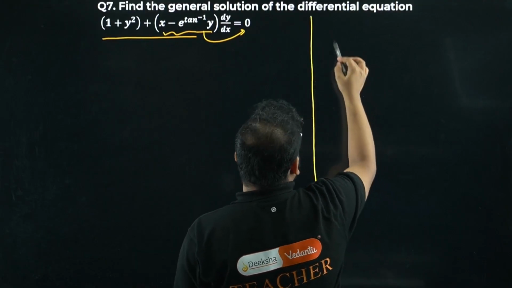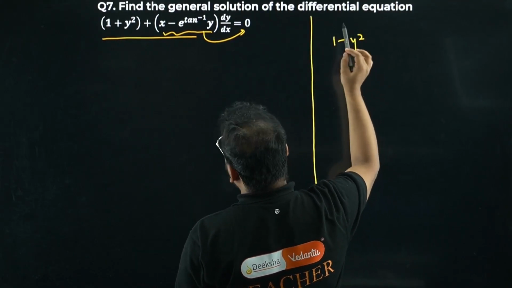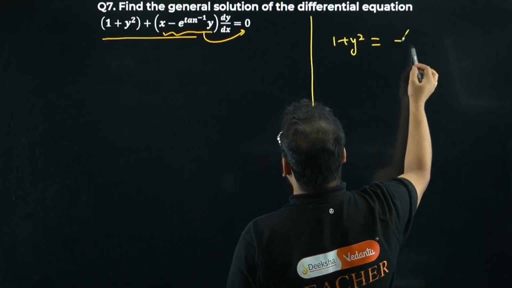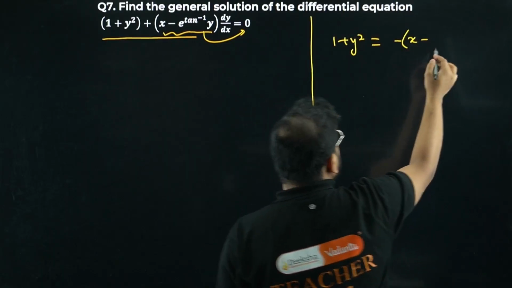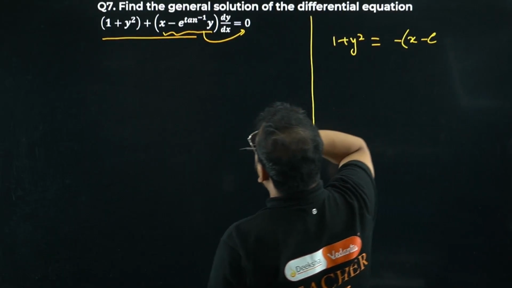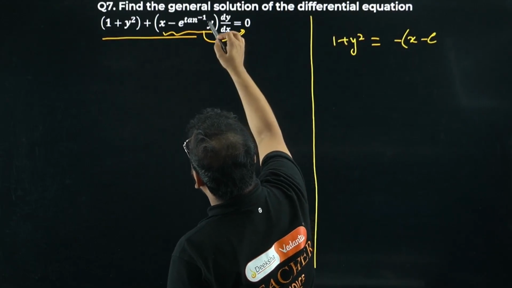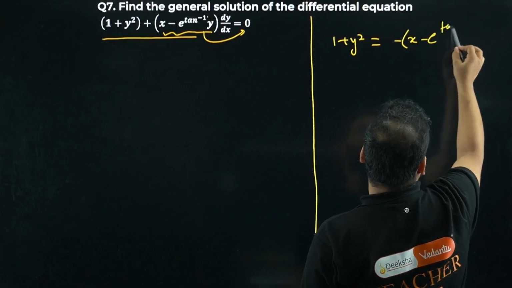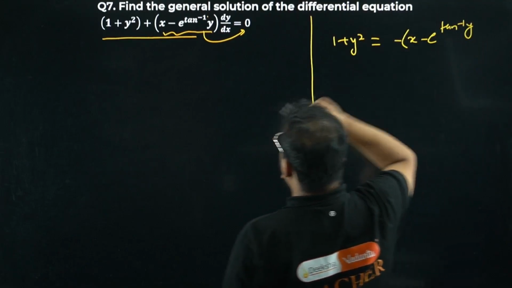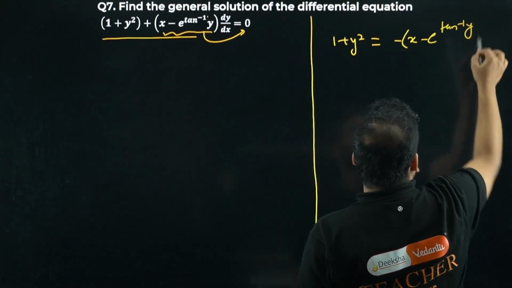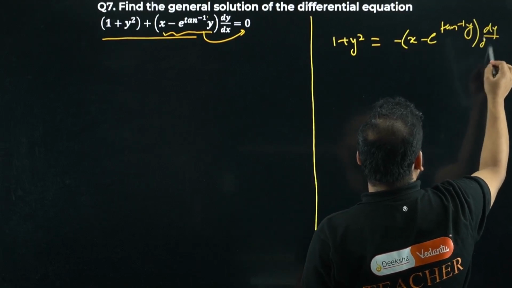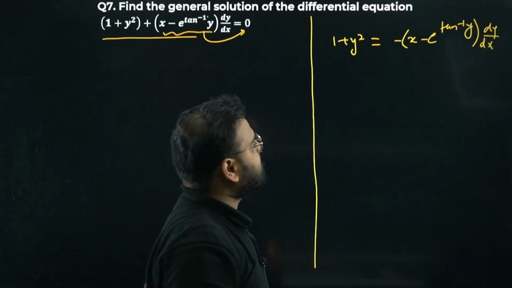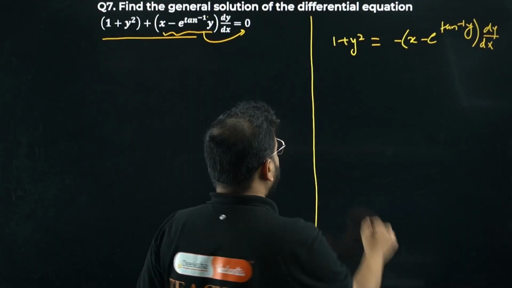It'll become negative, right? So what I'm going to do is like this: I'll have 1 plus y square equals minus x minus e power tan inverse of y, times dy by dx of course. Let's bring the dy by dx on this side, it'll become like this, have a look.